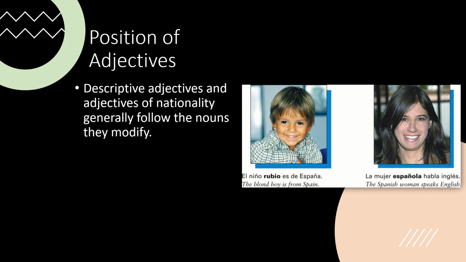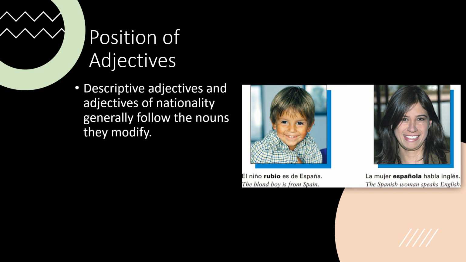So if I were trying to use my example of blue eyes, in Spanish it would become ojos, or eyes, ojos azules. So I have to make sure that when I'm writing about adjectives or using adjectives in Spanish, that I use the noun first and then the adjective.